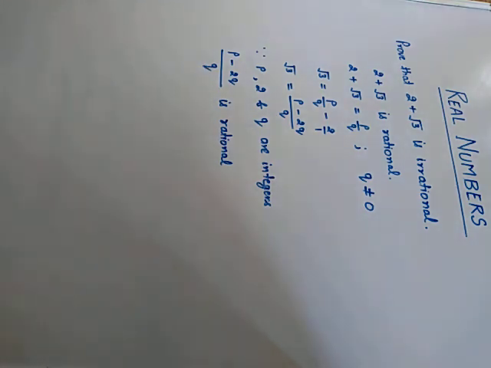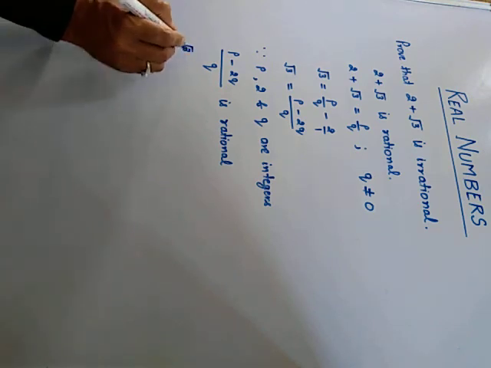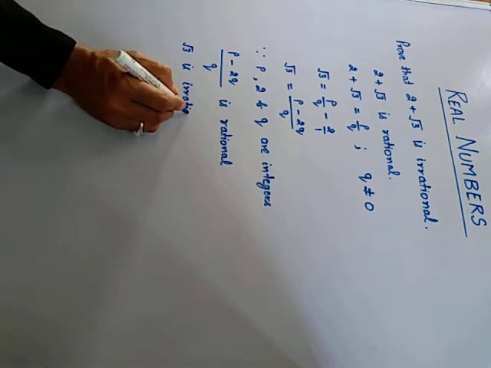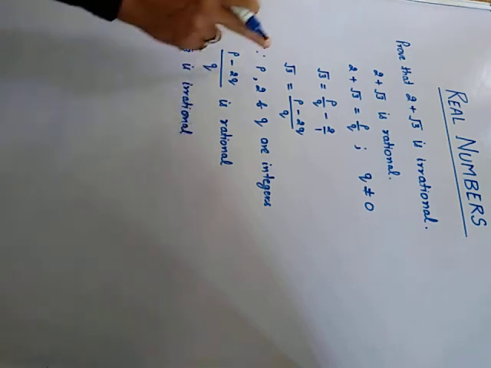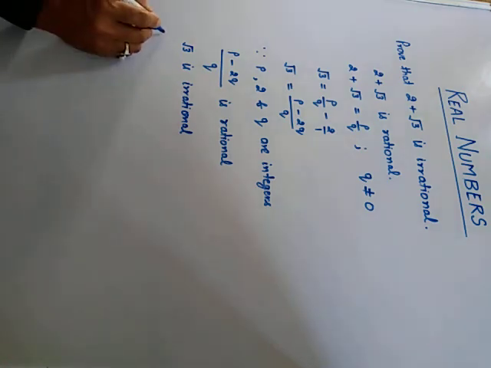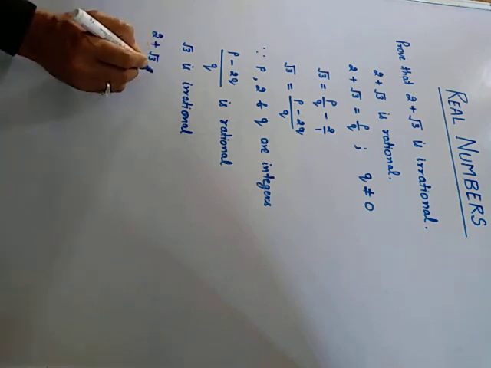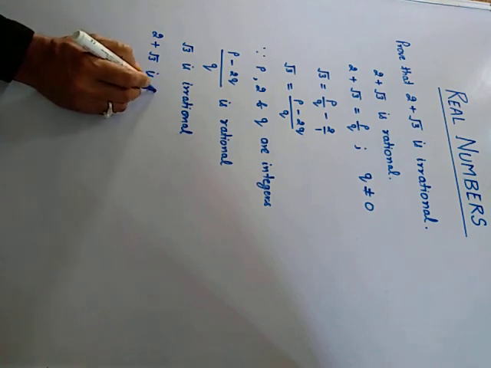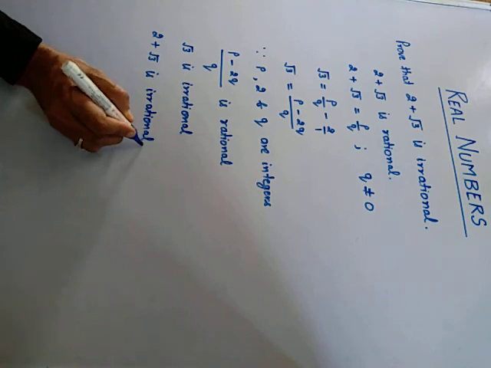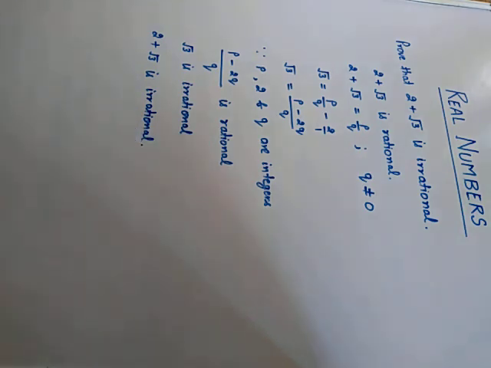But this contradicts the fact that root 3 is irrational. So irrational number cannot be equal to rational number. So we conclude that 2 plus root 3 is irrational because our assumption is wrong.